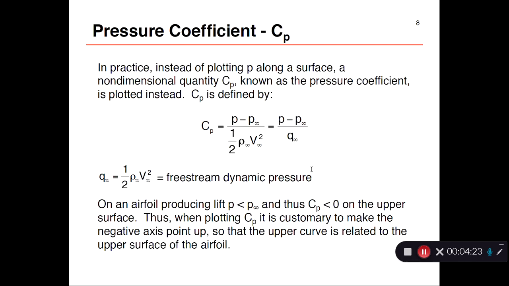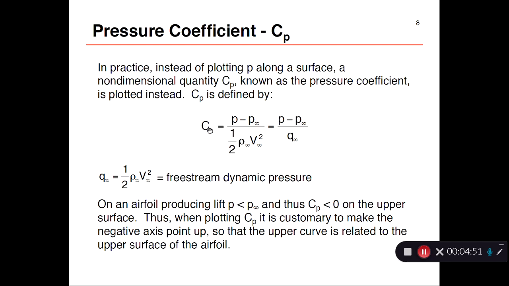Now, non-dimensionalization of the pressure is, as we mentioned, gauge pressure, which is P above the atmospheric pressure, divided by the dynamic pressure. This is sometimes called Q, or the dynamic head. So on an airfoil, some places P will be greater than P infinity, and Cp is positive. Other places it is negative.